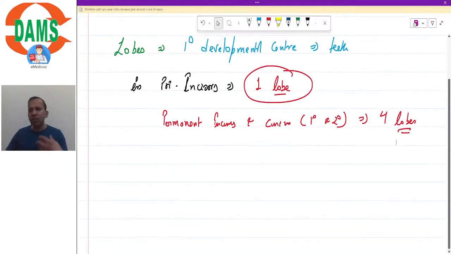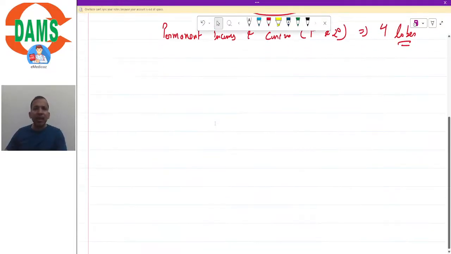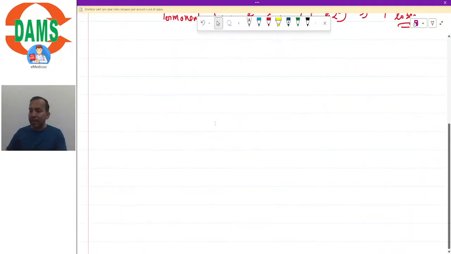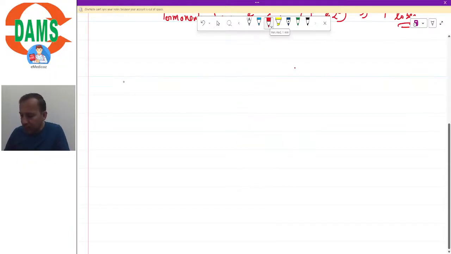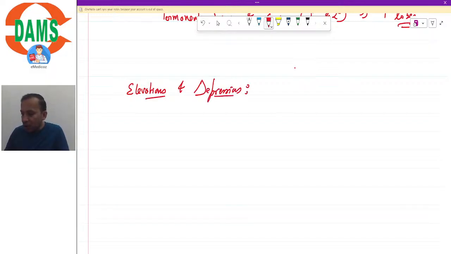Now let's compare these teeth based on their characters, the elevations and depressions on the surface of these teeth, so that it would be easier for you to remember.